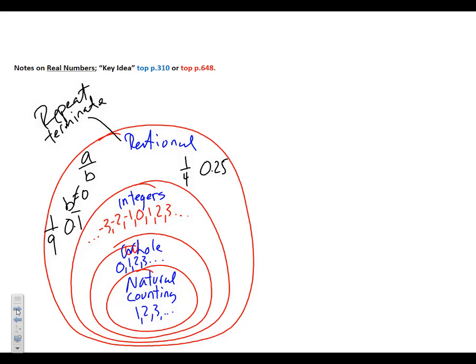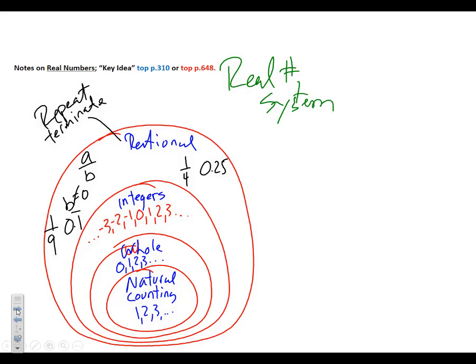It does not terminate. However, it does repeat 1 every single time. That means it is a rational number. All right. So we talked about our rational numbers. And this is all part of the real number system.